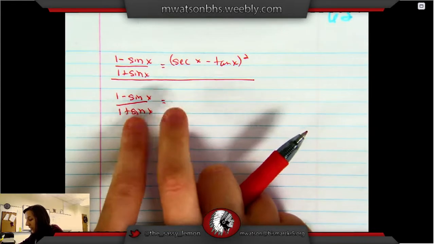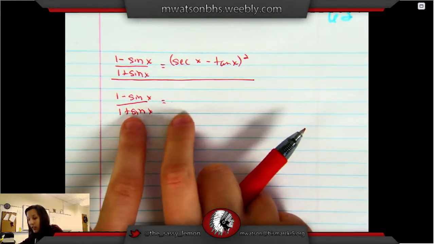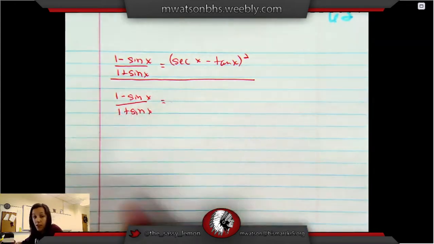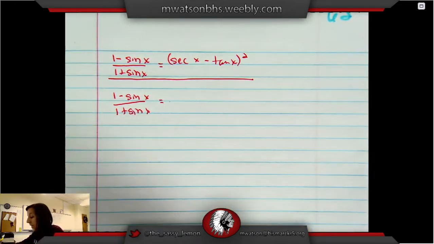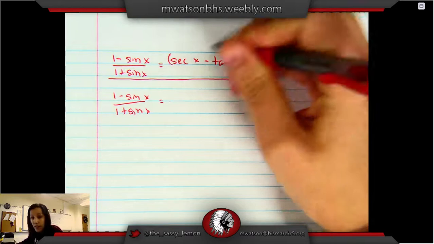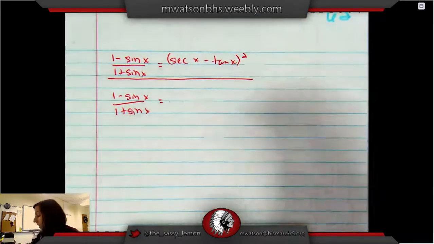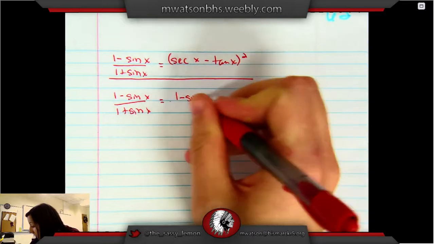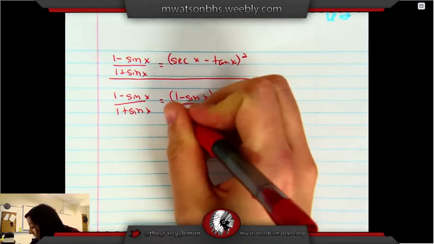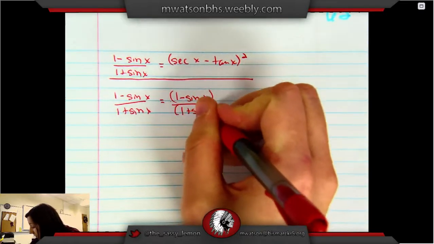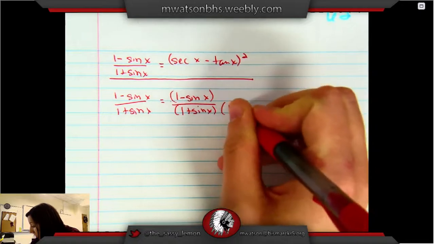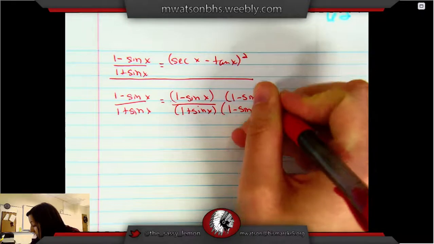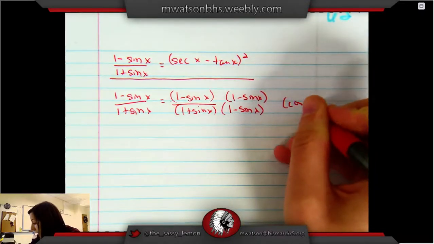So I'm going to multiply by the conjugate of the denominator. Sometimes it might be useful to multiply by the conjugate of the numerator. But here I'm wanting my right side, and it doesn't even have a denominator. So I'm going to rewrite this. This time I'm going to multiply by the conjugate of the denominator. And over here I'm going to write conjugate.